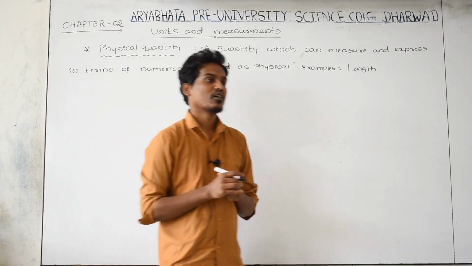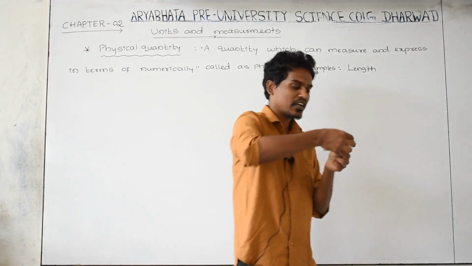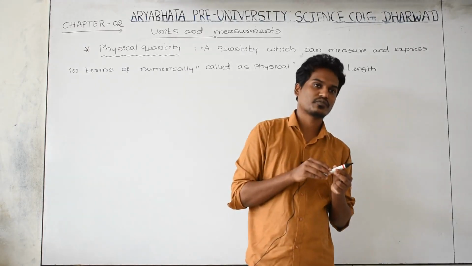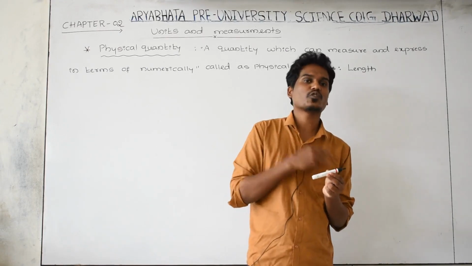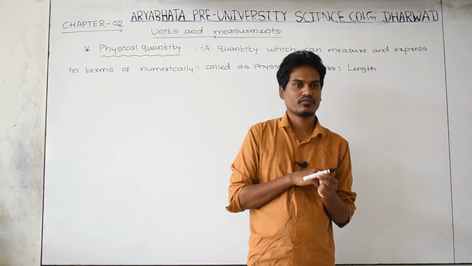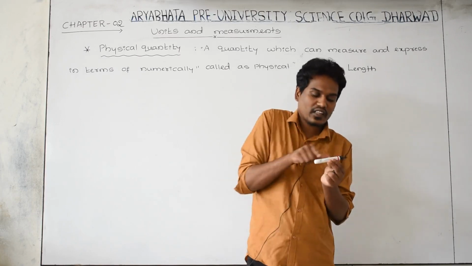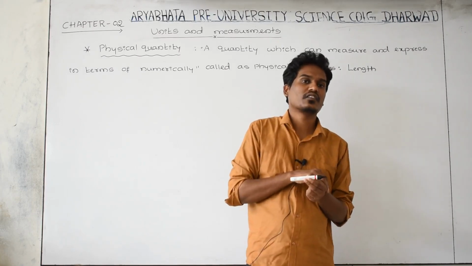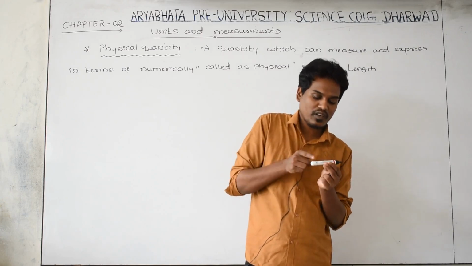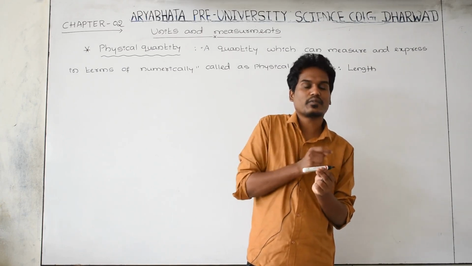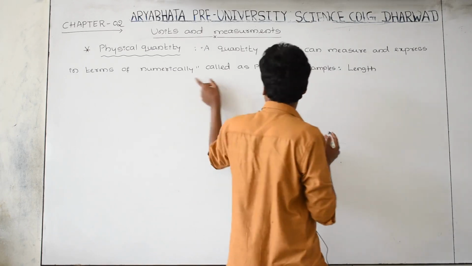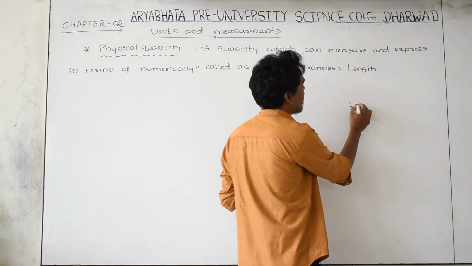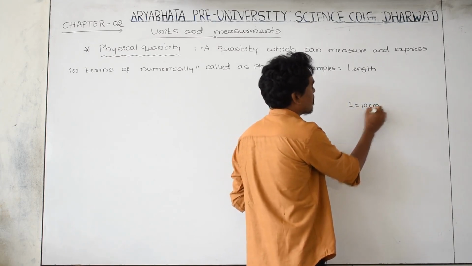For example, the length of the marker is equal to 10 centimeter. Is it possible to measure the length of the marker? Yes, of course. After measuring, how much is the length? For example, 10 centimeter. Yes, its length is equal to 10 centimeter.